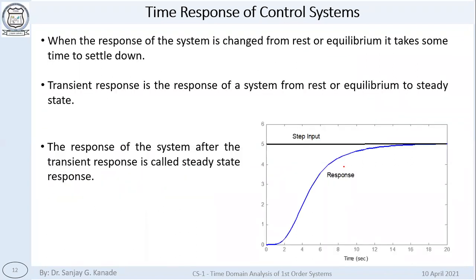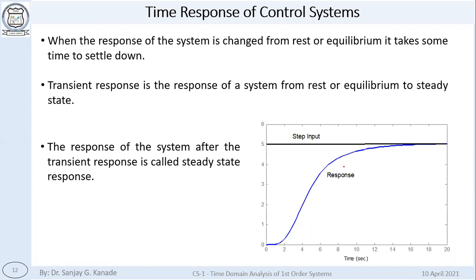Now what are these? Transient response is when the response of the system is changed from rest or equilibrium, it takes some time to settle down. As in the example of room temperature control, the room temperature is controlled properly at 25 degrees centigrade, 24 degrees centigrade.